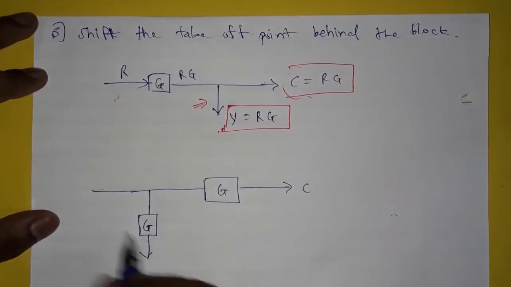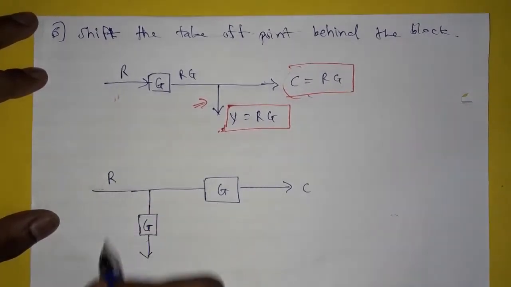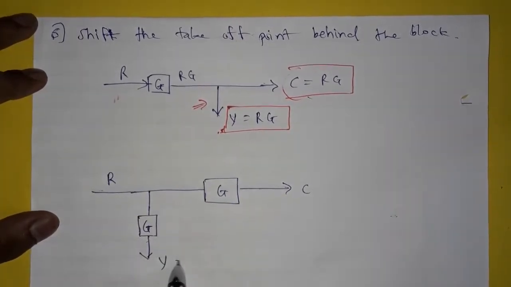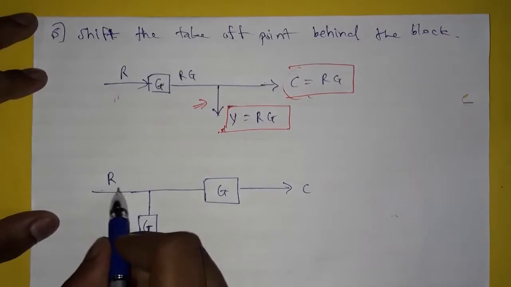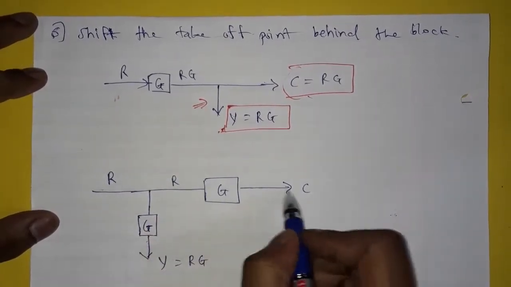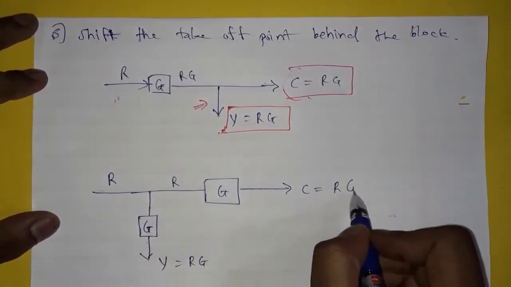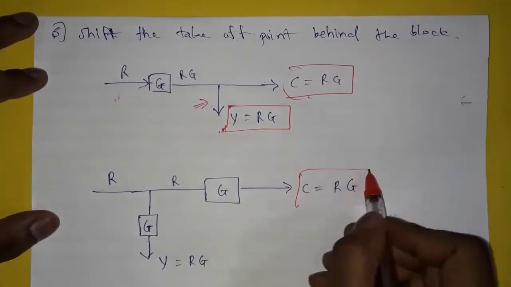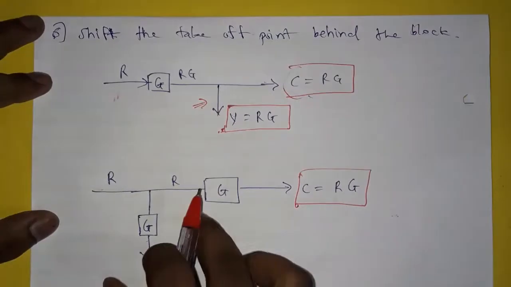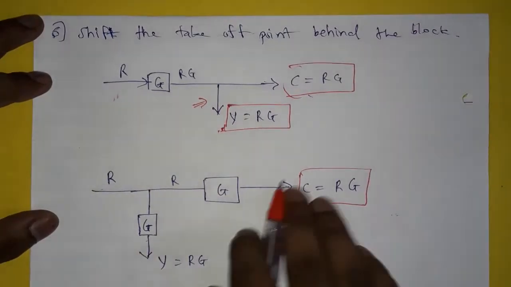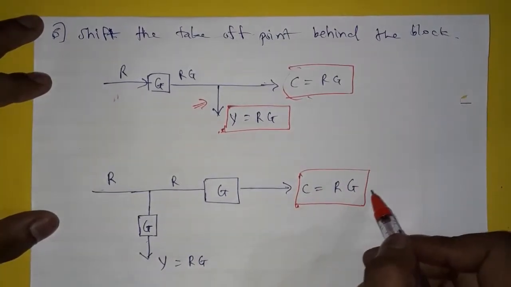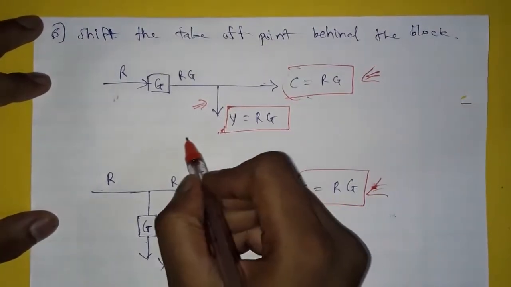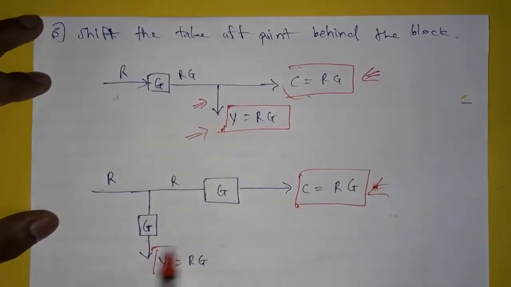Here this is R, then this R goes here, so Y is equal to RG, and this R also goes here, so C is equal to RG. See, the final output of both the conditions is the same, that is C is equal to RG here also and Y is equal to RG here also.